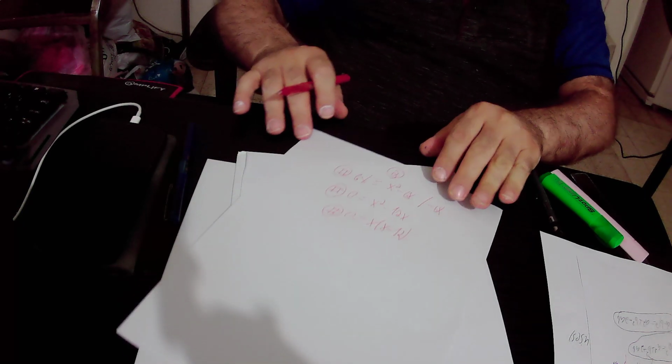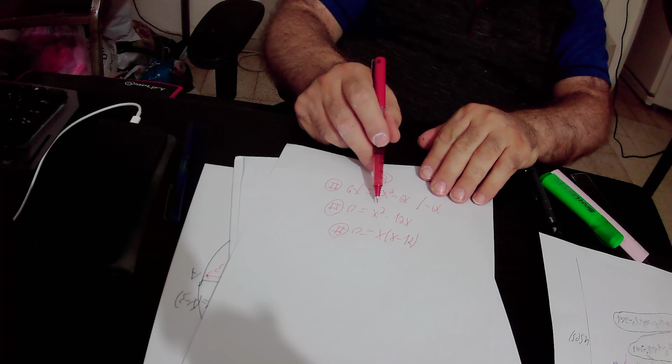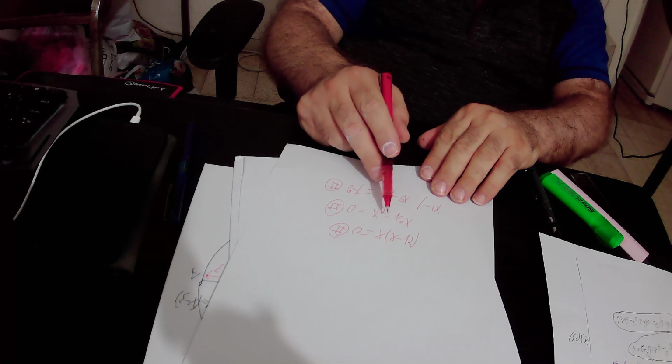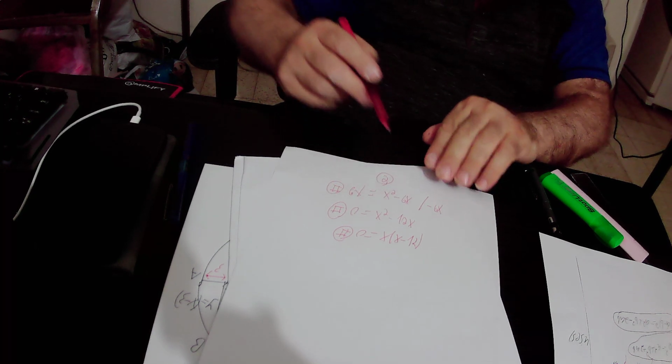We got that x times x minus 12 equals 0.